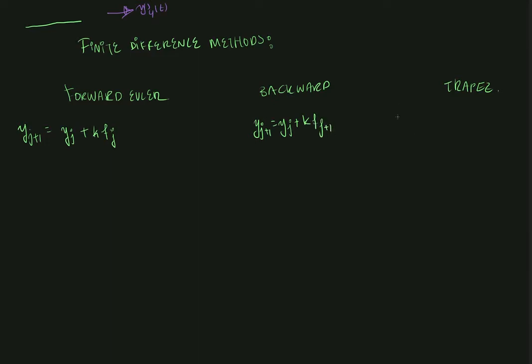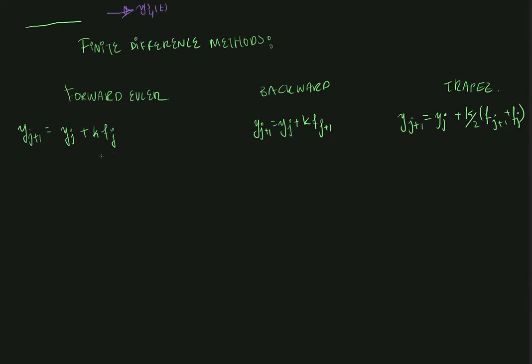And then the trapezoidal method, we approximate the derivative as an average of f_{j+1} and f_j.